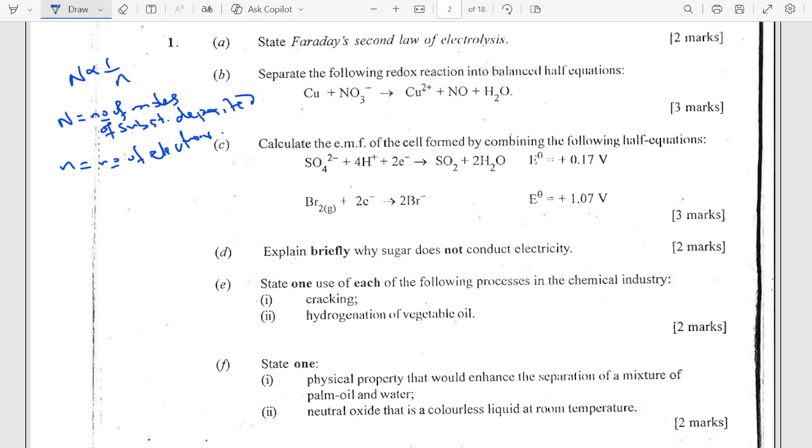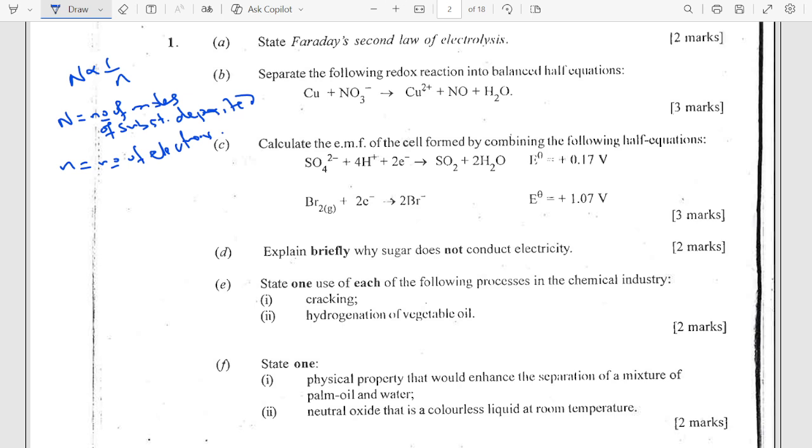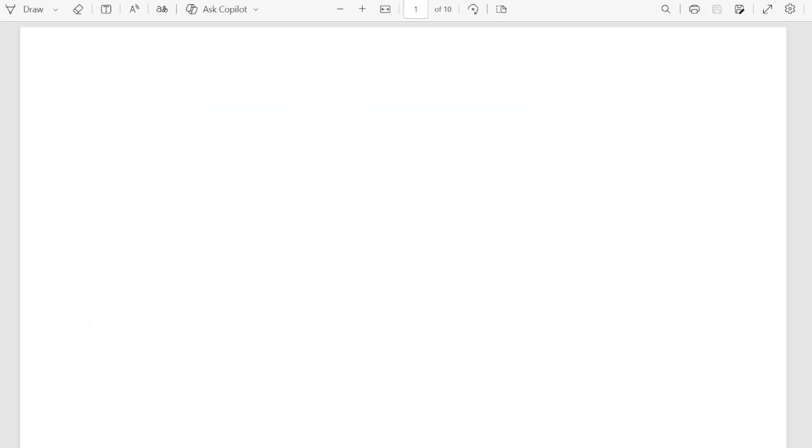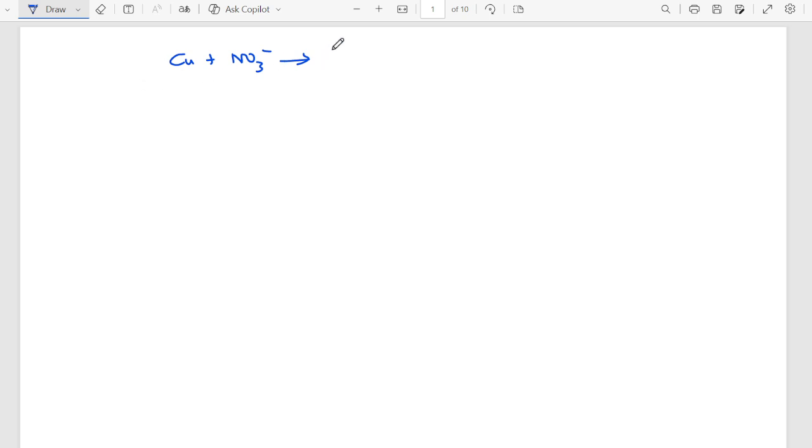Okay. Now the next one says separate the following redox reaction into balanced half equations. So let's see, we have copper plus NO3 minus ion, now giving me copper ion plus NO plus water.